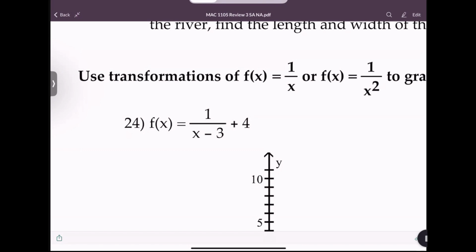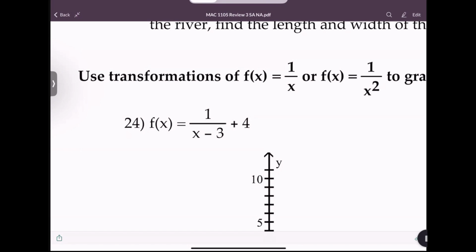Does that make sense? That's why that is my parent function. If this was parentheses squared, then I would do this. So we're going to make a table with this equation. Got it?